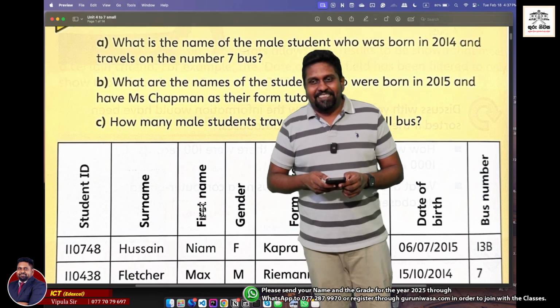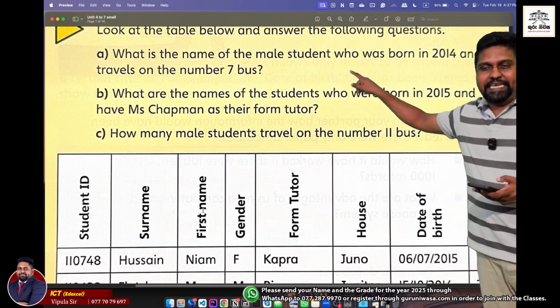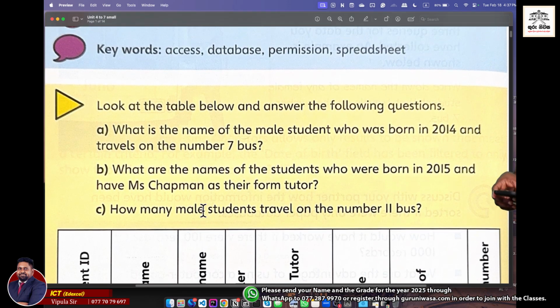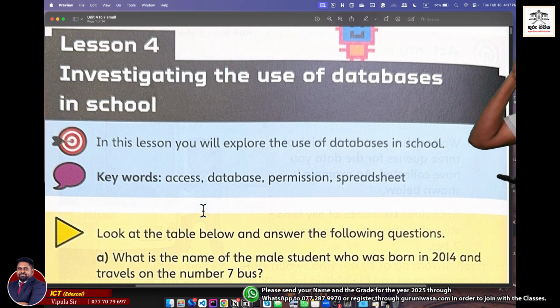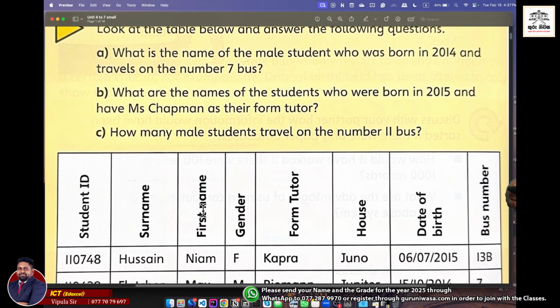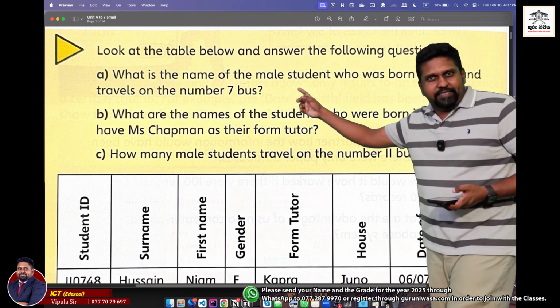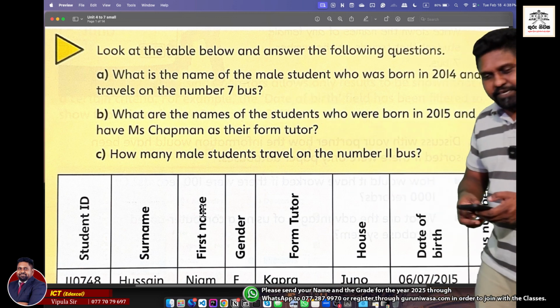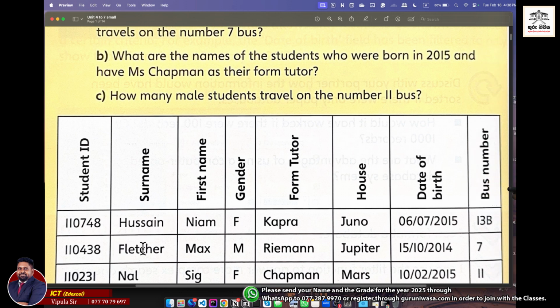Okay, super. So can you guys write this down? Write down the question, and write it as lesson 4, activity 1. If you plan to take a printout of this document, then you don't need to write the question, but please do write down the answer. In this case, the answer is Max Fletcher. Yes, please do write it down.